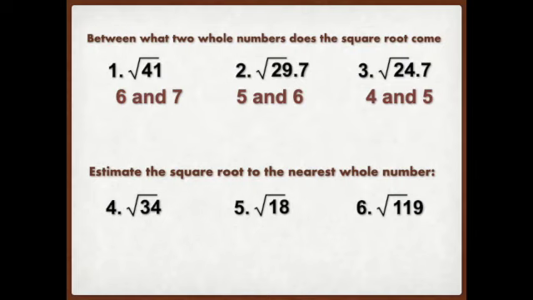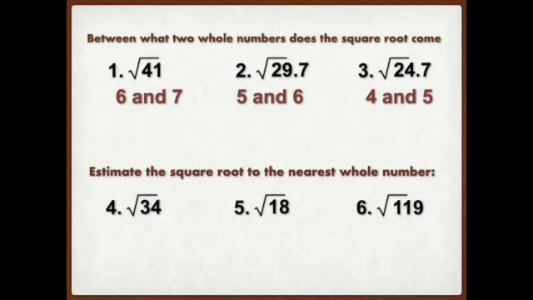The square root of 9 is 3. 4 times 4 is 16. The square root of 16 is 4. 5 times 5, 25. The square root of 25 is 5. I'm getting a little closer. 6 times 6 is 36. That's a lot closer. And 7 times 7 is 49. Okay, so here it is. 6 times 6 is 36.